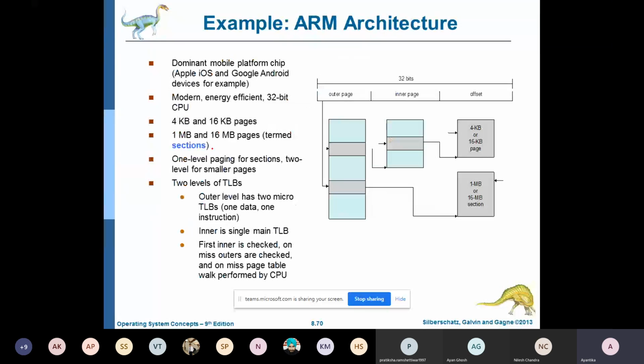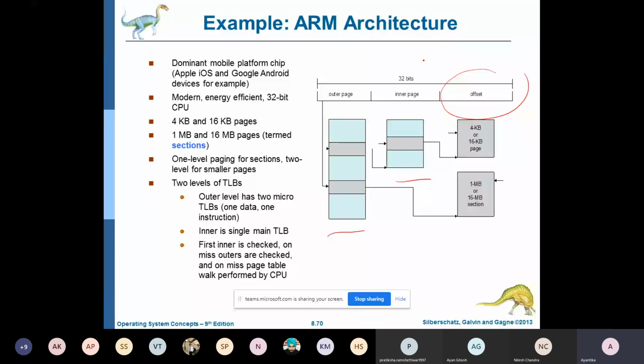This is related to the ARM architecture, where you can see they are considering an outer paging technique and then an inner paging technique, and then they are considering the offset. Basically, they are adding some hierarchy to the paging concept, and that is giving some amount of improvement.